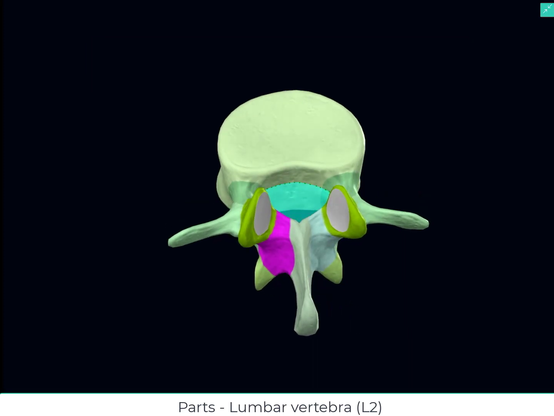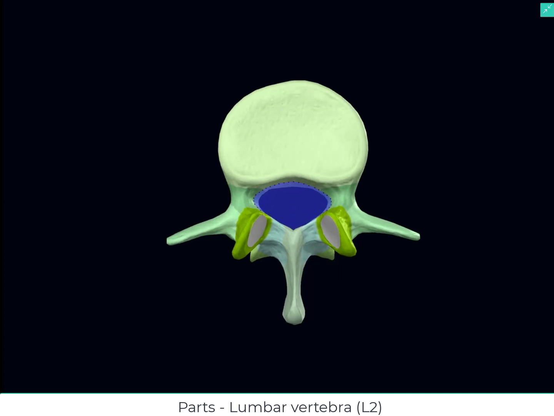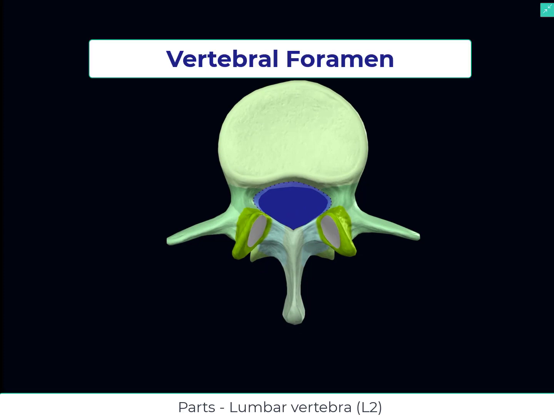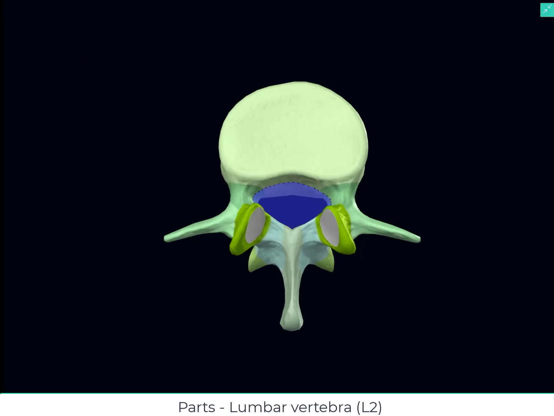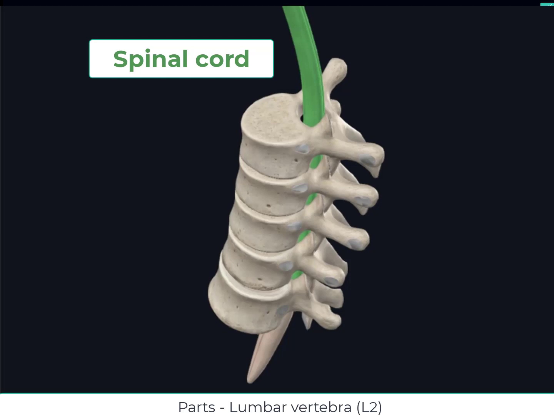So we have two laminae and two pedicles, one on each side. As you can see, the body, two pedicles and two laminae together create a hole. In anatomical terminology, we don't say hole, we say foramen. So we are going to call this a vertebral foramen. And together they create a canal. Through this canal, the spinal cord goes through.